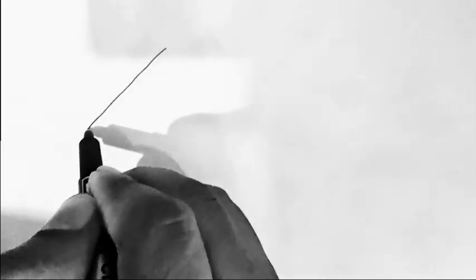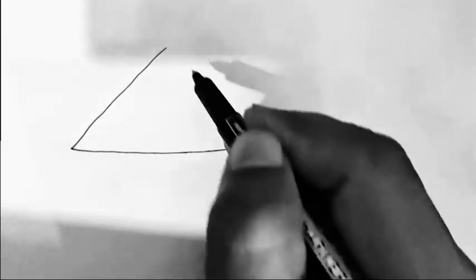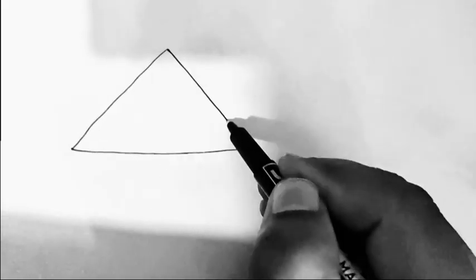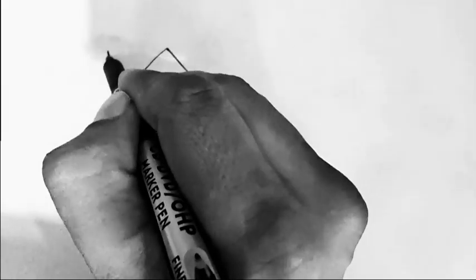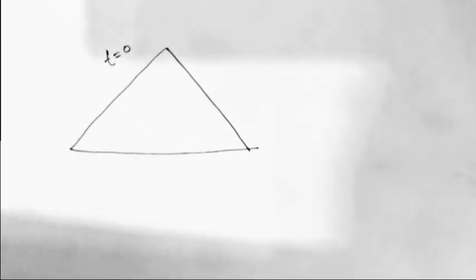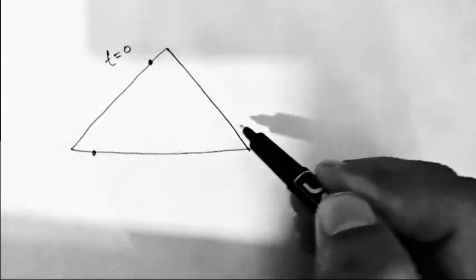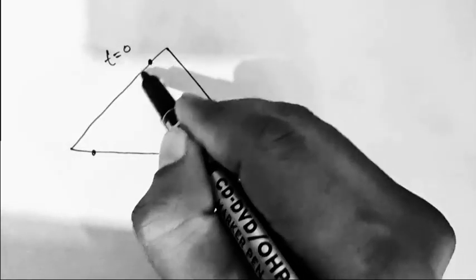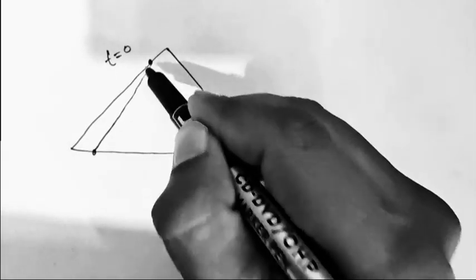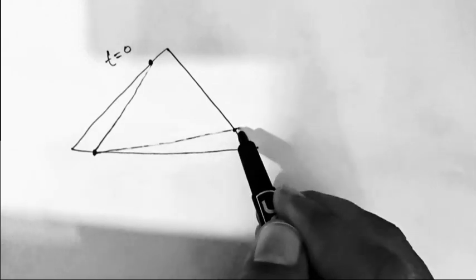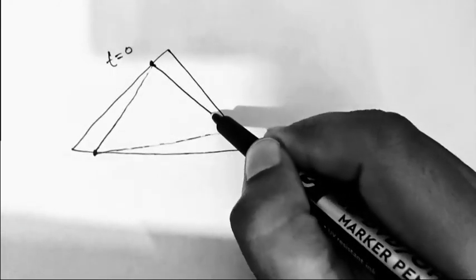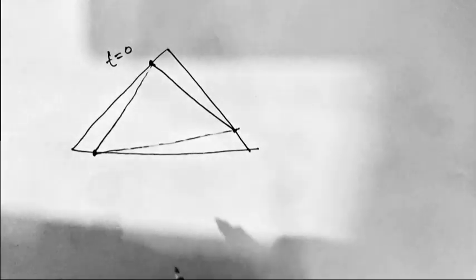So let's say initially this was your equilateral triangle at the start at t0. Then after some time, this particle will be here, this particle will reach here, this particle will reach here, and this will be your new equilateral triangle.